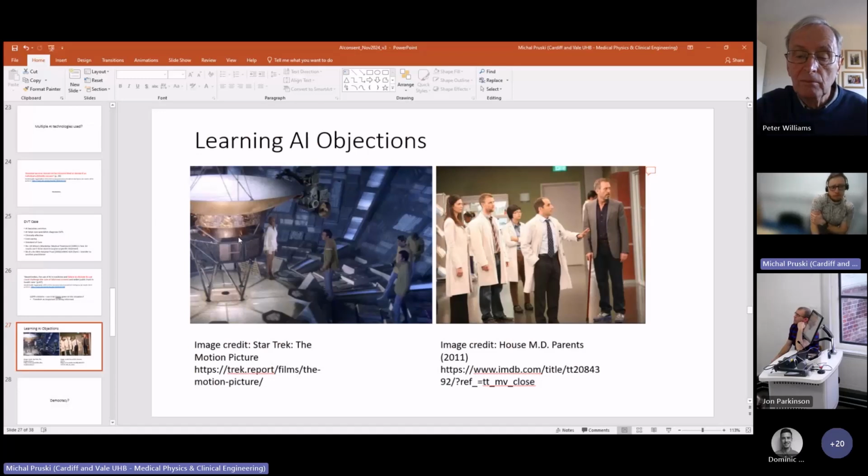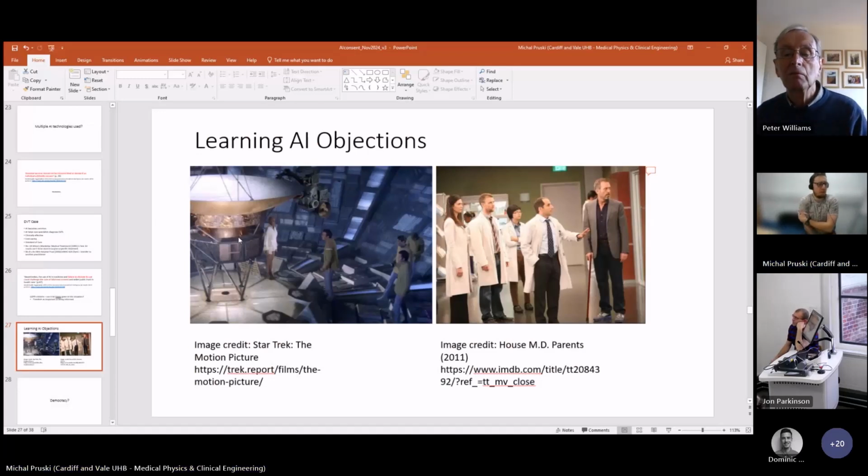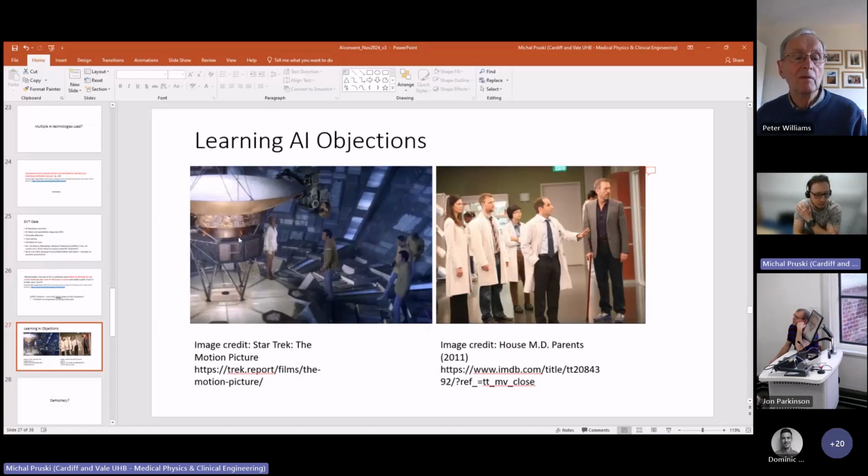Now, there are some potential different reasons to seek informed consent from patients when using AI enhanced care.